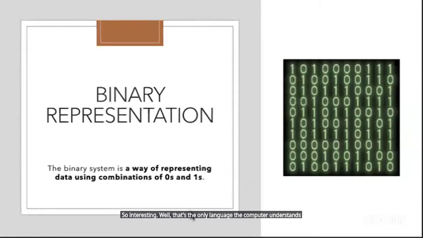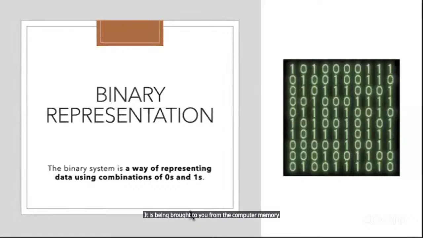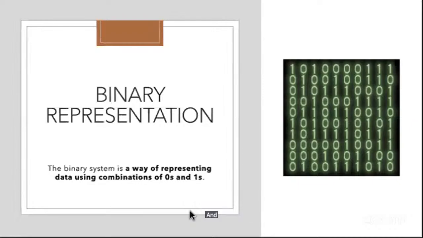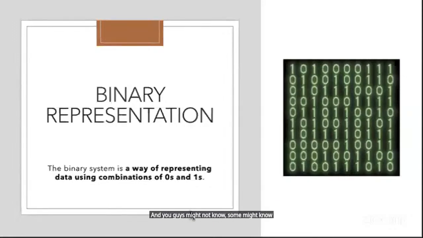So that video you're watching, that YouTube channel you're watching, it is being brought to you from the computer memory as zeros and ones. So the binary system provides a way to represent data using combinations of zeros and ones. And the binary representation is the foundation of how computers process and store information. Some might know that computers operate using electrical signals.